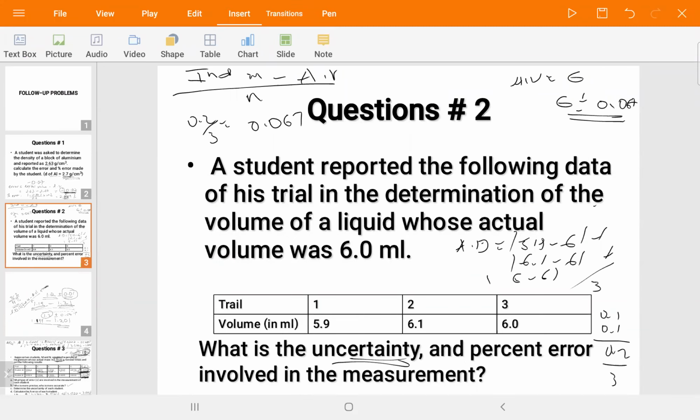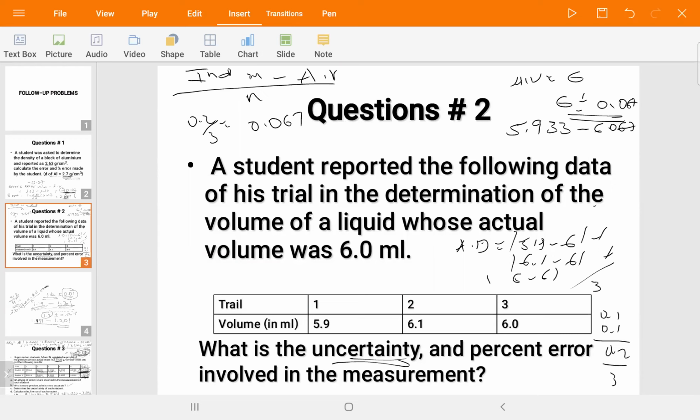That we can be certain that if somebody else did this experiment under the same condition, we will be certain to get a volume between 6 minus this, 5.933, and 6.067.